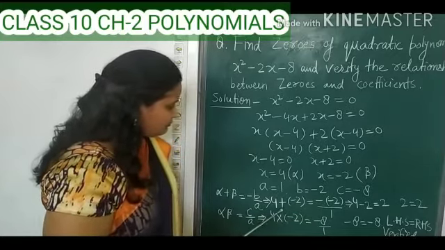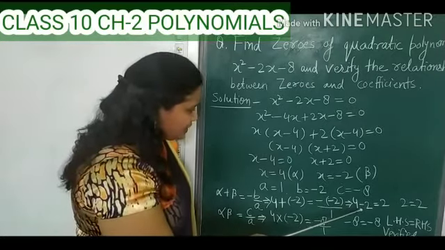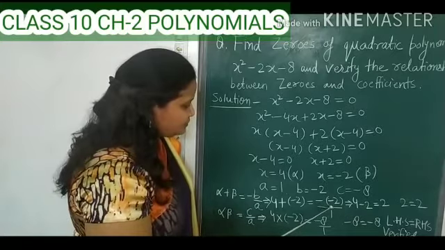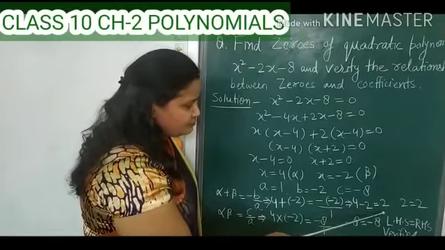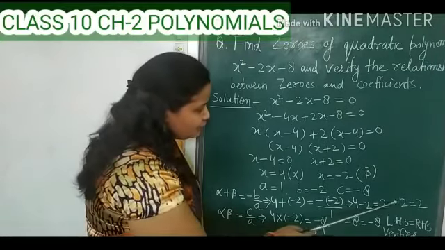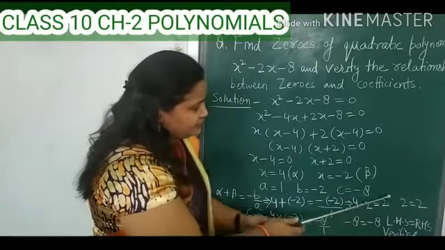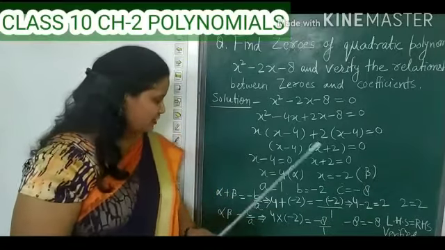Now when you solve it further, this plus and minus sign becomes minus, so it becomes 4 minus 2, and minus times minus becomes plus, so it becomes plus 2. When you subtract 2 from 4 you get 2, and the right side is also 2. So left side is equal to right side, so this relationship is verified.